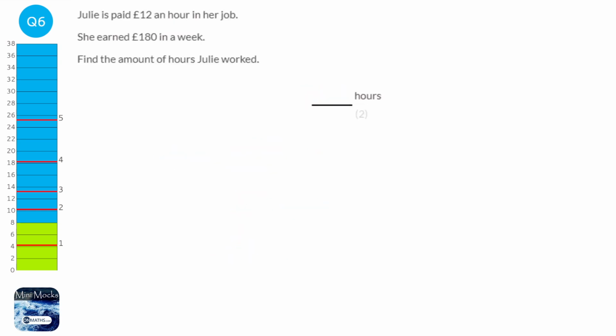Rate is always something over time. So in this question, we can work out the rate as being the pay, or the final pay, over time.